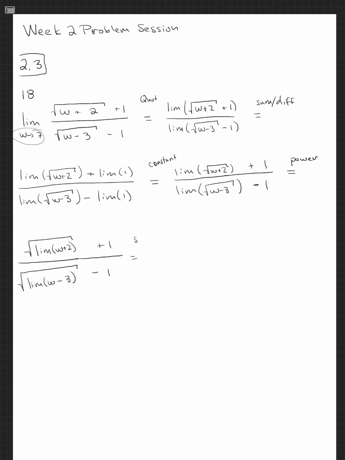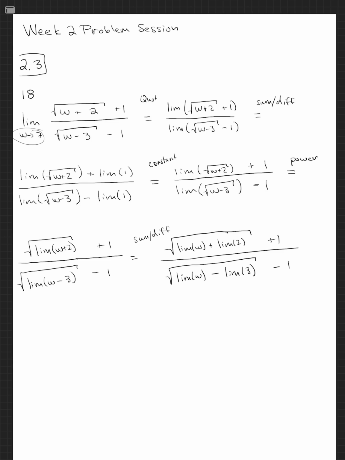Right? And next we can use the sum and difference rules again. So that's going to be the square root of the limit of w plus the limit of 2 in square root, and the square root of the limit of w minus the limit of 3 minus 1.